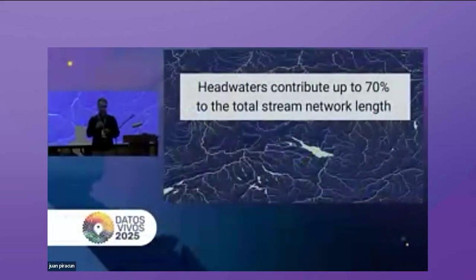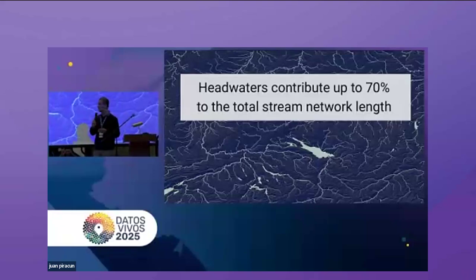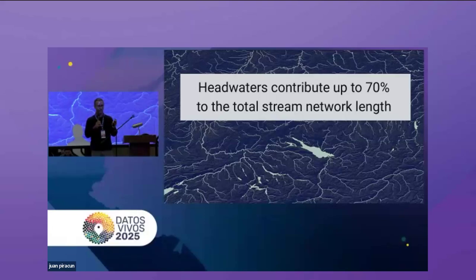What was the motivation to create this new data set? Based on some studies, headwaters contribute up to 70% of the total stream network length. But in the global stream networks currently available, all these headwaters, so stream orders 1, 2 and 3, are normally ignored.